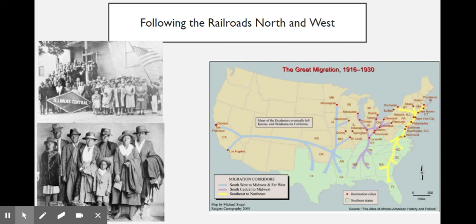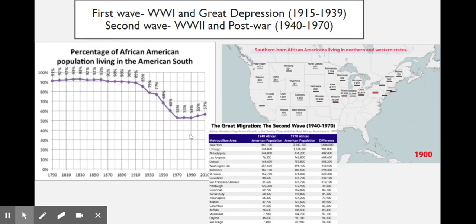The eastern lines, so people coming out of Georgia, the Carolinas, they're going to be headed towards cities like New York City, Buffalo, Boston, but that is going to be their trajectory. You literally got to the train station and you were going based on where those rail lines went. And so that shows us some very interesting patterns as well.